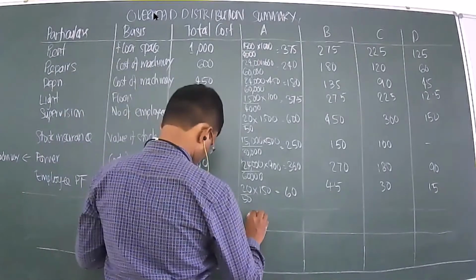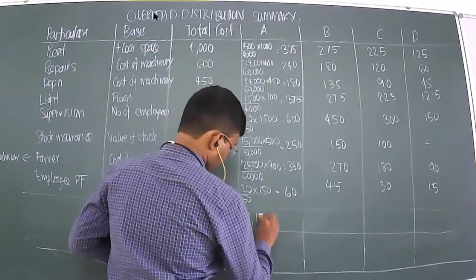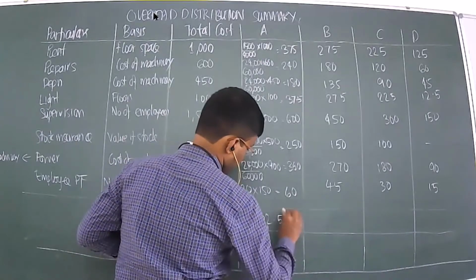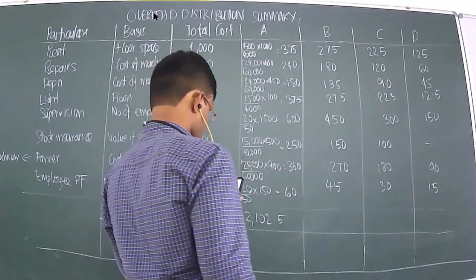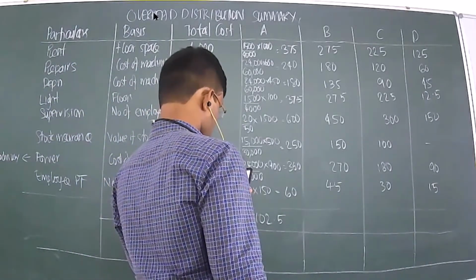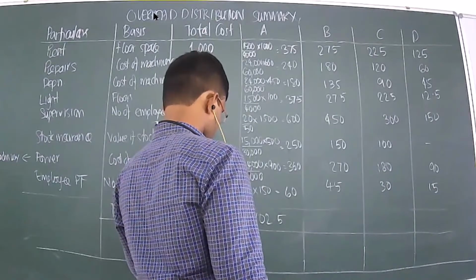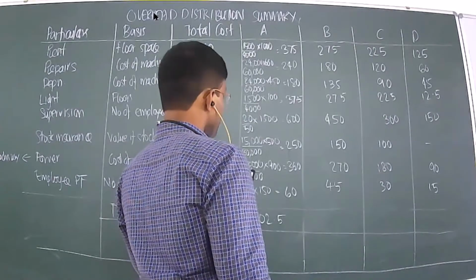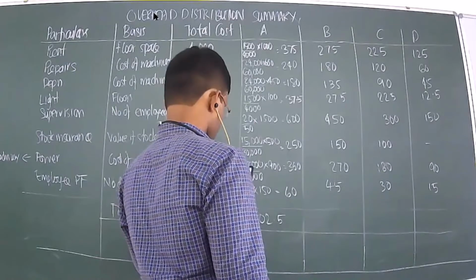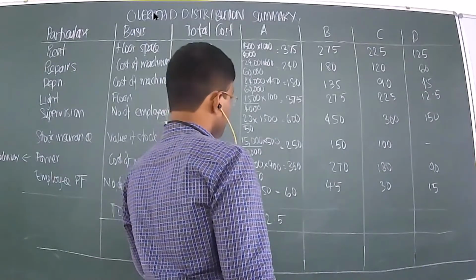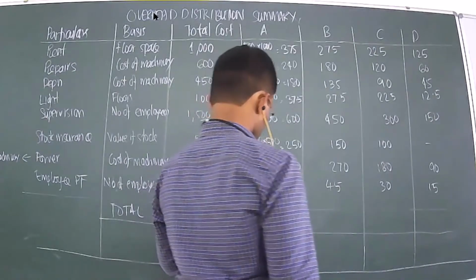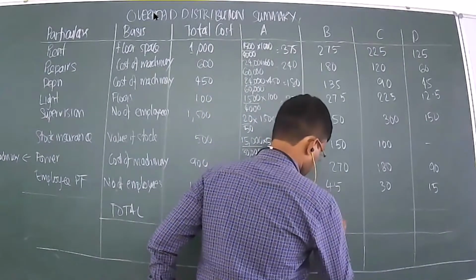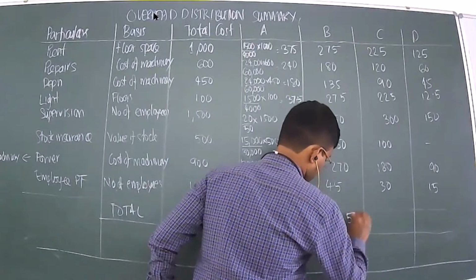Here the total works out to be 2,102.5. Next, $1,532.5.